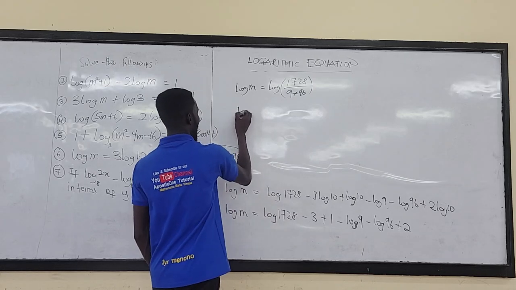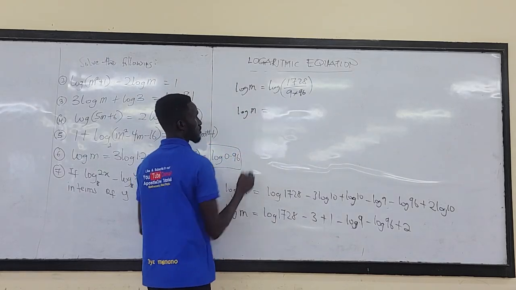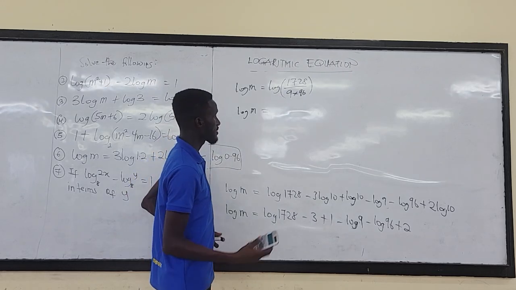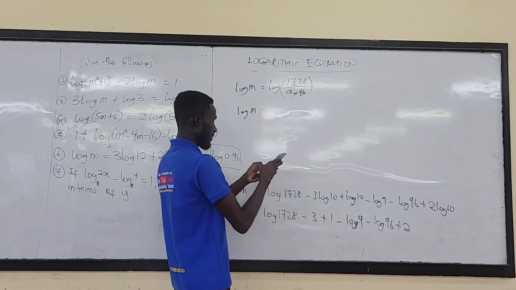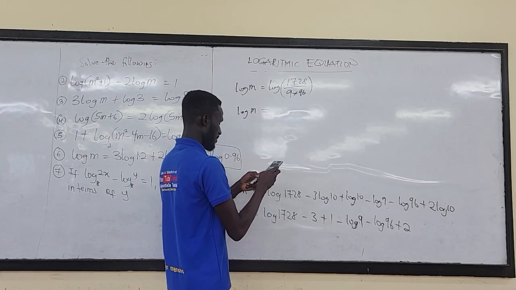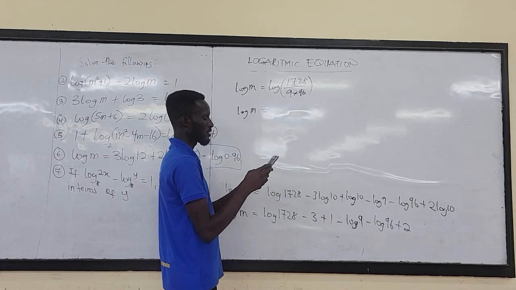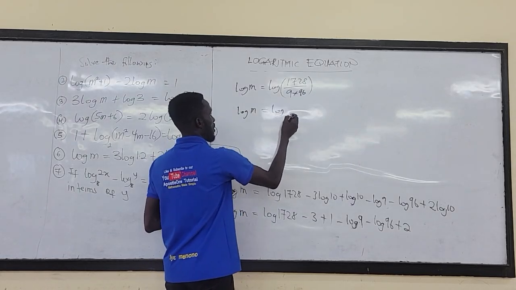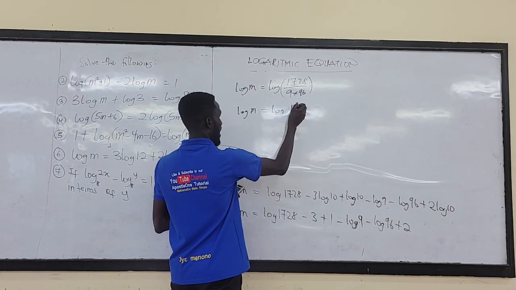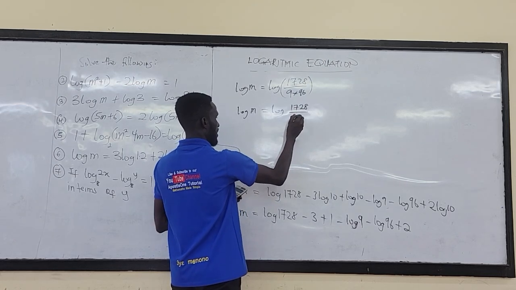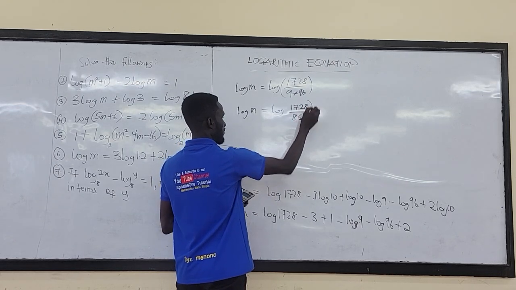Now at this point we have log m is equal to, I just have to cancel. Let's cancel this. Now we have 1, 7, 9 is this times 9. So we have log 1728 divided by 864.